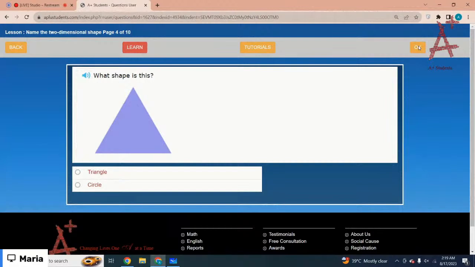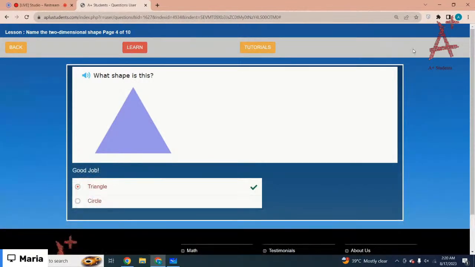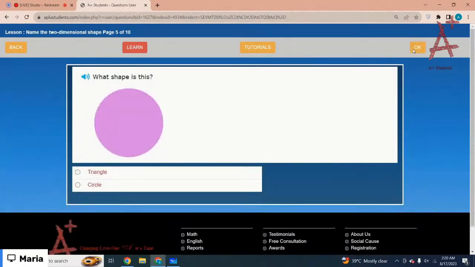What shape is this? Triangle, circle. The correct option is triangle. What shape is this? Triangle, circle.